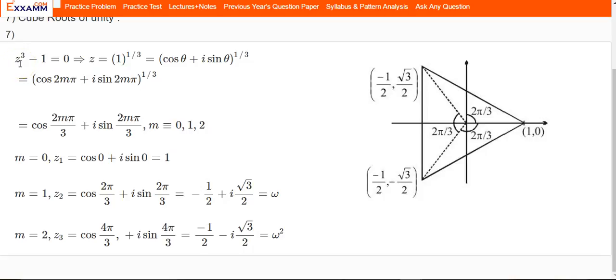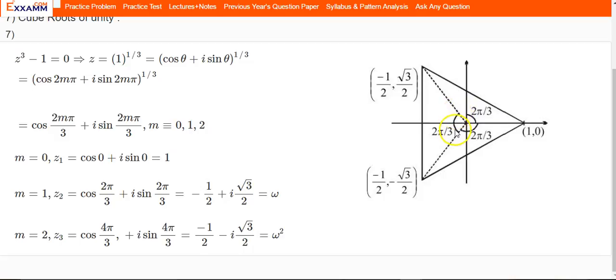Omega to the power 6 can also be written as omega cube whole square. Omega cube, we have already seen, is equal to 1. So omega to the power 6 is also equal to 1. Another important thing to note is that all the cube roots of unity differ by an angle of 2π by 3.